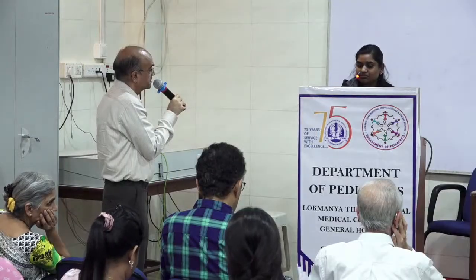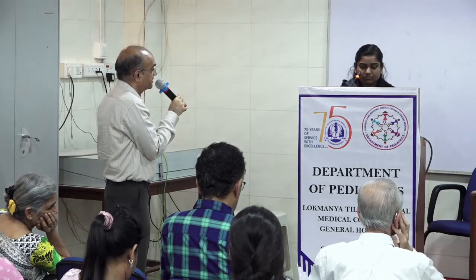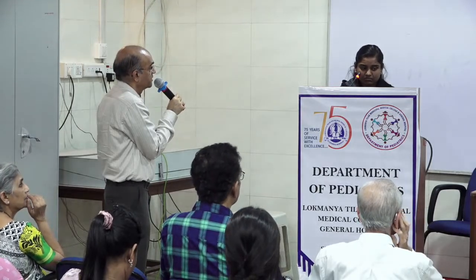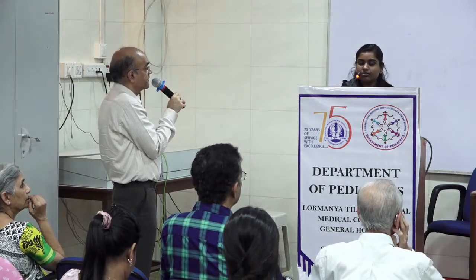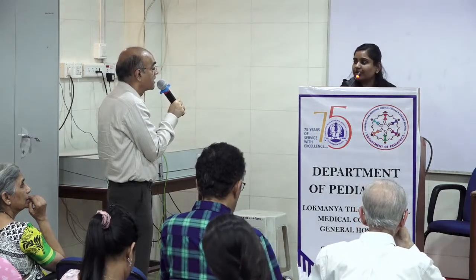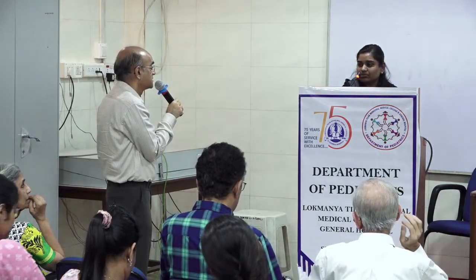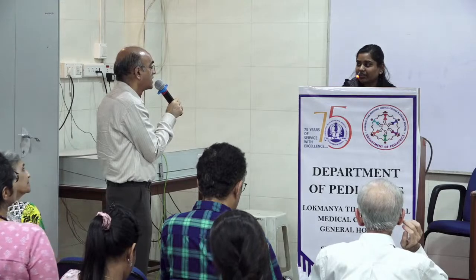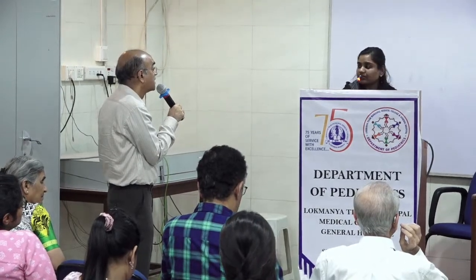So is that big enough to call it hemiparesis? The left side is also affected, no? 3/5 is not normal. You are saying it's more than 3/5. It's more than 3/5, means she is moving the left side. You are saying the left side is normal. Yes, sir. Okay, you are saying the left side is normal.